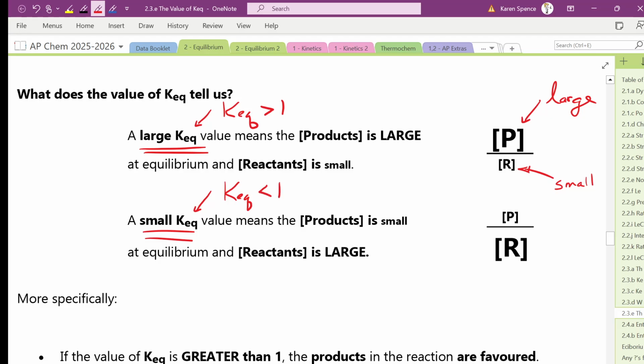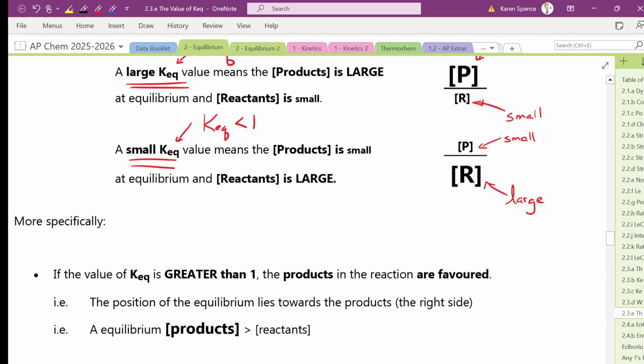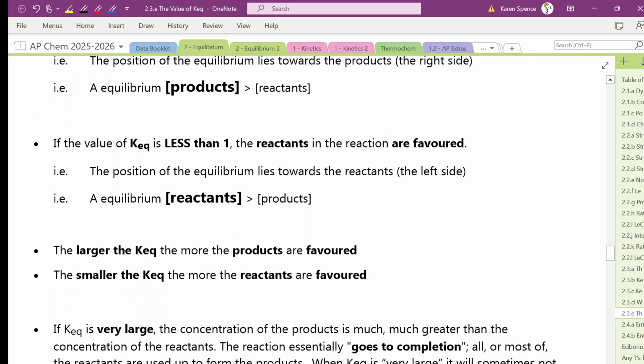And we've talked about this before, yeah? So this is nothing new. I think we've talked about all of this just recently, so I don't think we need to go over that again. The larger the KEQ, the more the products are favored. The smaller the KEQ, the more the reactants are favored.